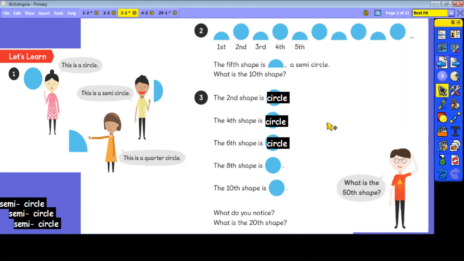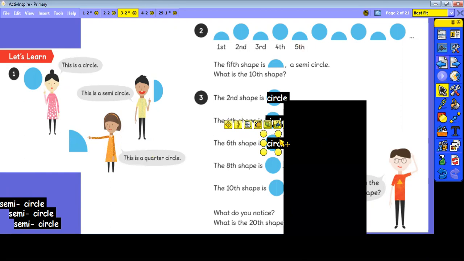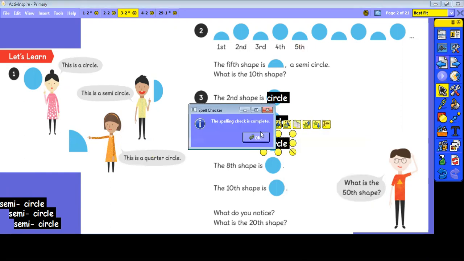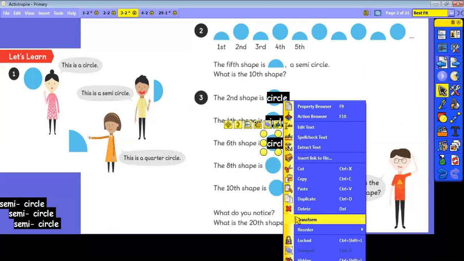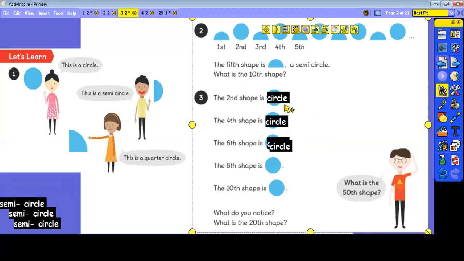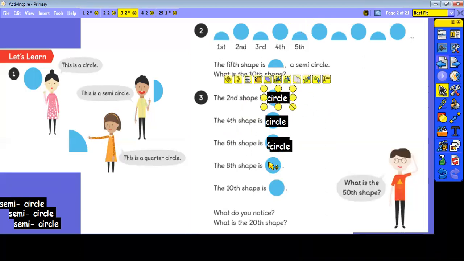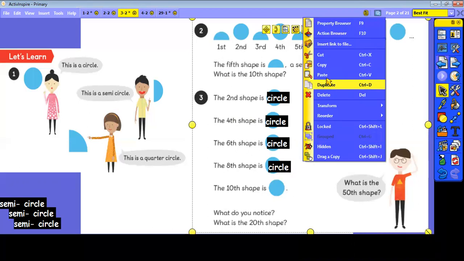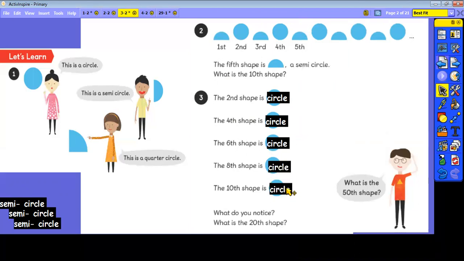The 8th shape is, I'm going to copy the word circle, and paste. Oh, there it is. And the 10th shape is another circle. So the second, fourth, sixth, eighth and 10th shapes are all circles.